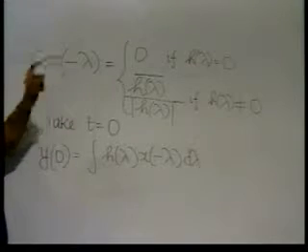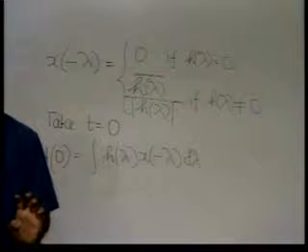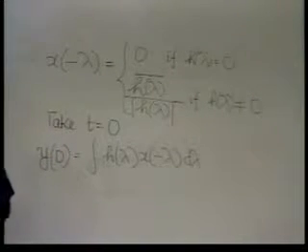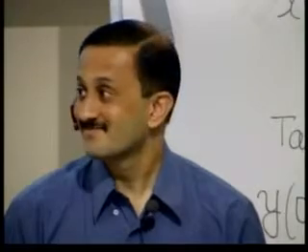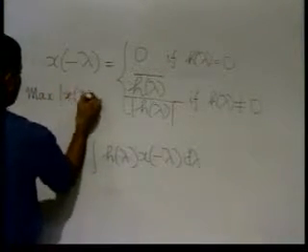Now, what can I say about x of λ? Is it bounded? In fact, what is the bound? Let me ask the class. What is the bound? Anyone? Yeah? The bound is 1, is that right? How do you define the bound? Yeah, the maximum of the modulus of x λ.